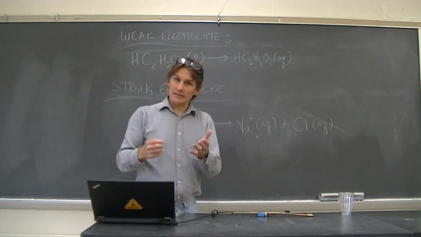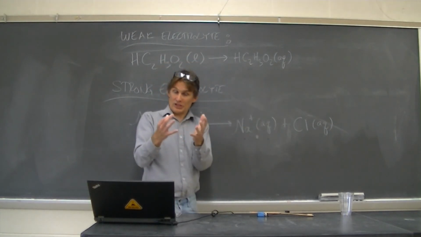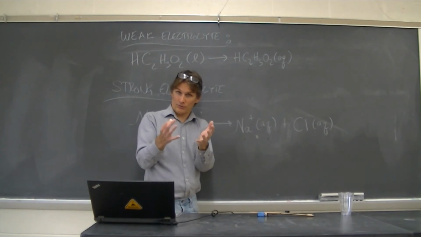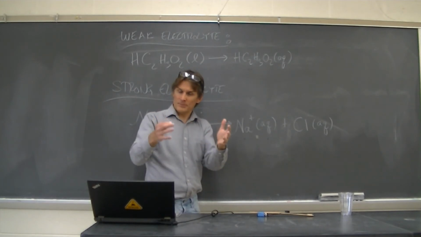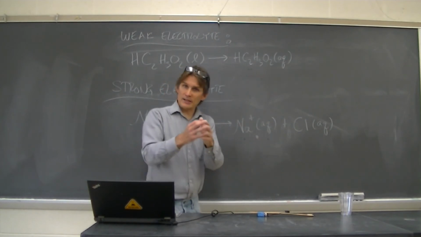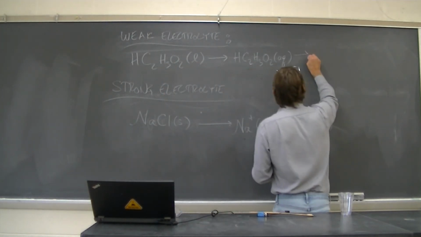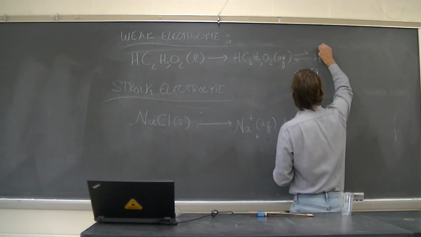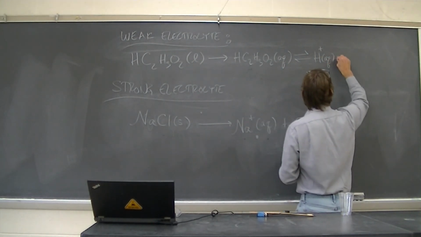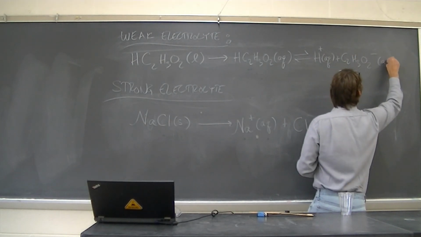And in this case, some of the substance that dissolves stays intact in its molecular form, dissolved, but some of this actually dissociates into ions. And we designate this partial dissociation with a double arrow. And we'll write H plus aqueous plus C2H3O2 minus aqueous.